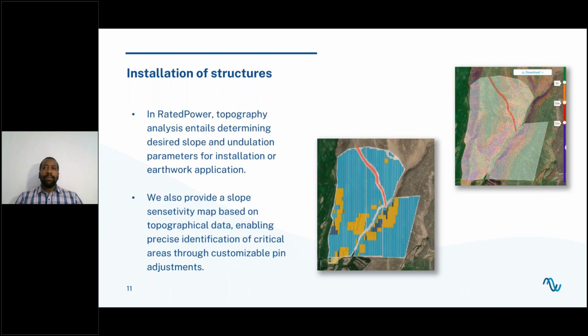In RatedPower, users are able to run the topography analysis by determining the slope and undulation limits they are willing to install and/or apply earthworks if needed. We also have a slope sensitivity map based on the topography data, where you can adjust these pins to better and more easily identify the most critical areas.